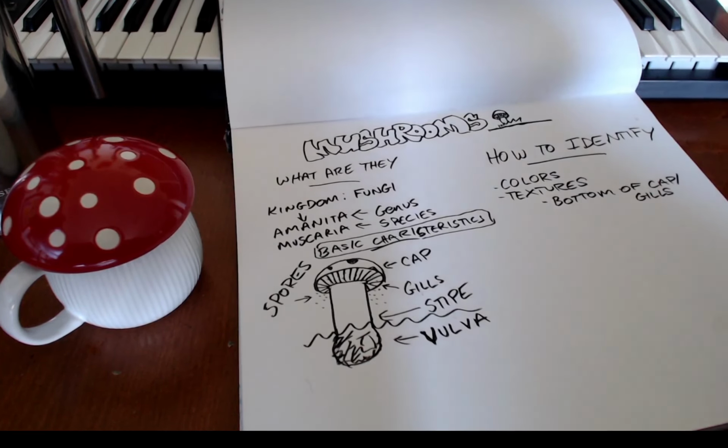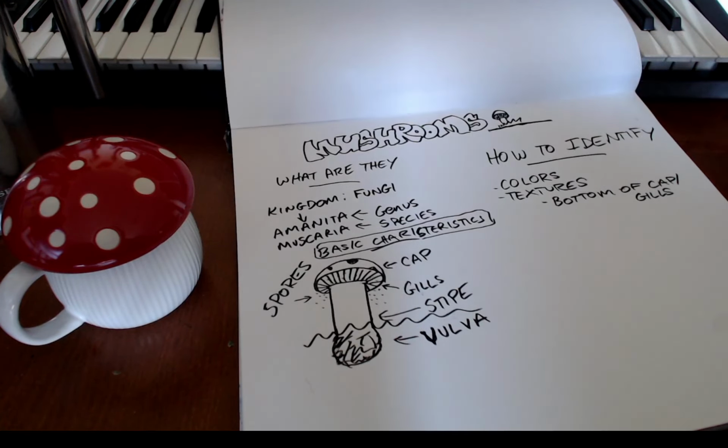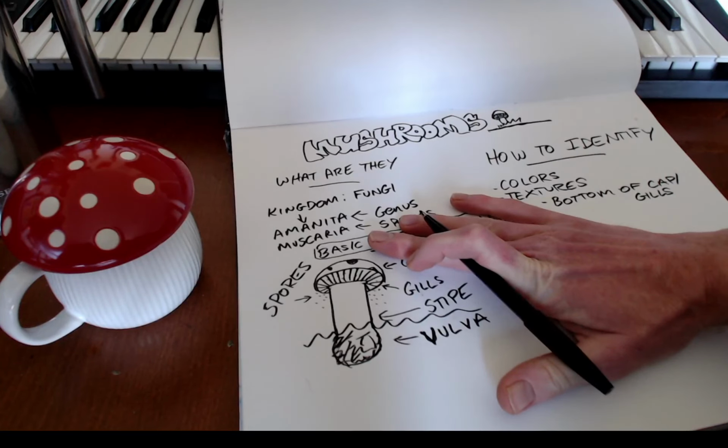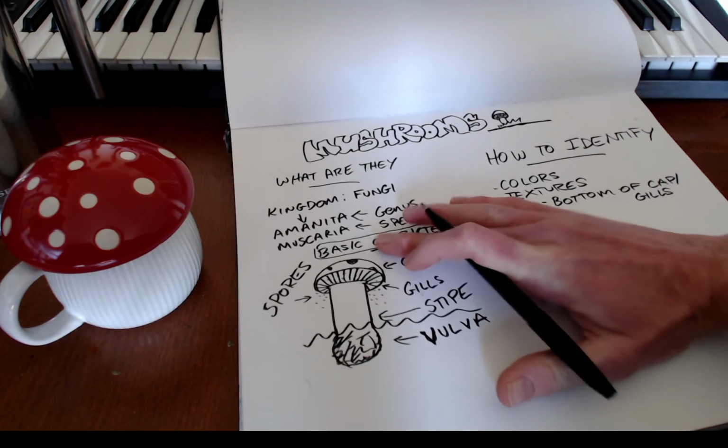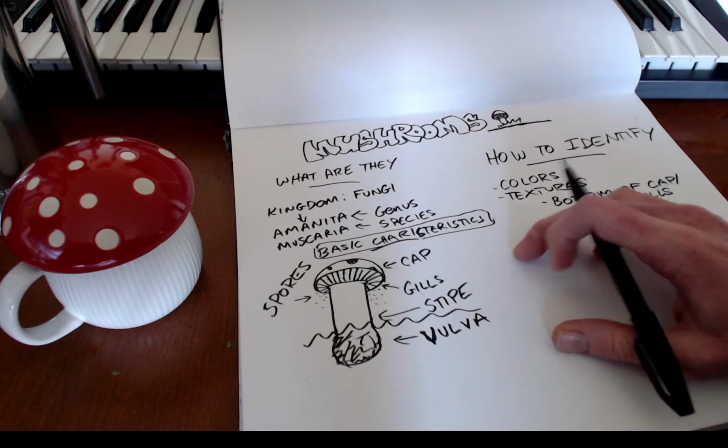All right. Now, if the gills are white, you can assume that the spores are going to be white almost all the time. And that's really important with identification because one way to do that is you can actually take a spore print and basically just put a cap down on a piece of paper, let it sit for a while, and then see what color the spores or the print are.